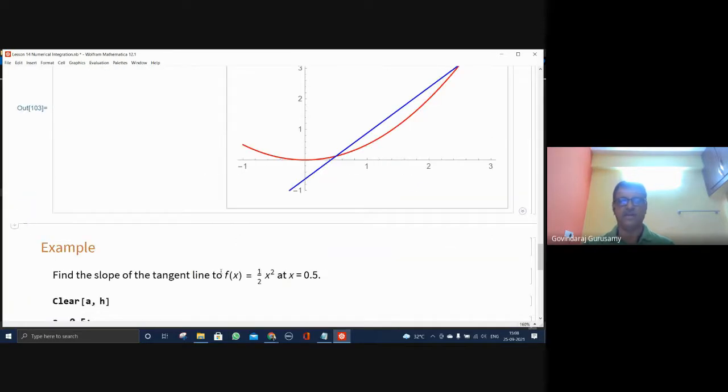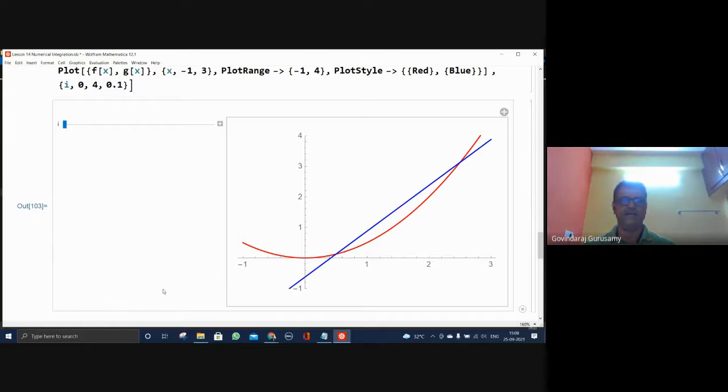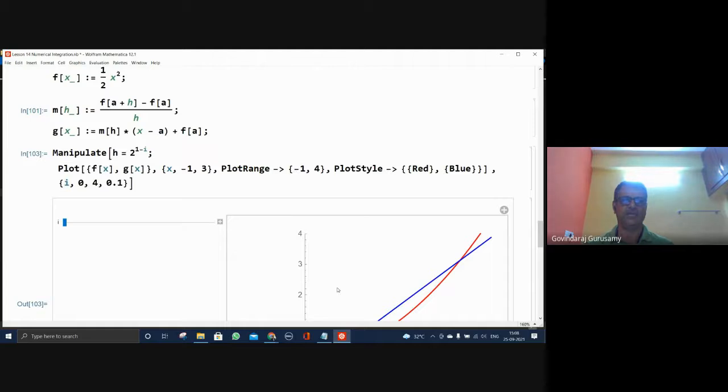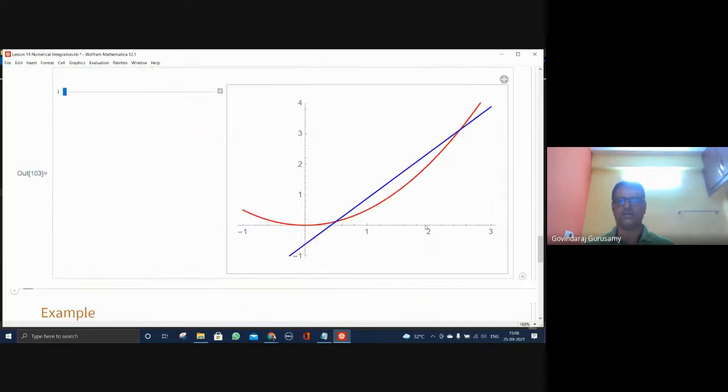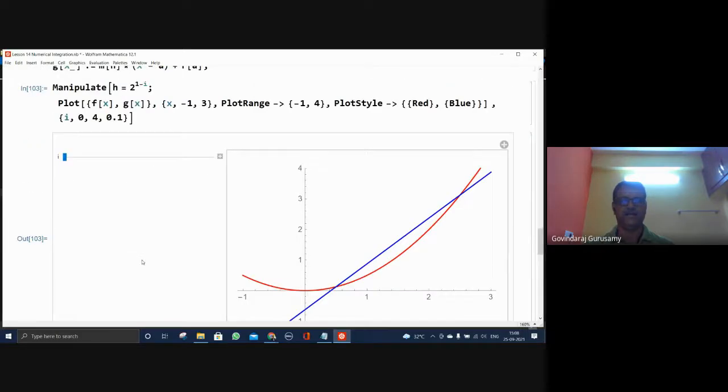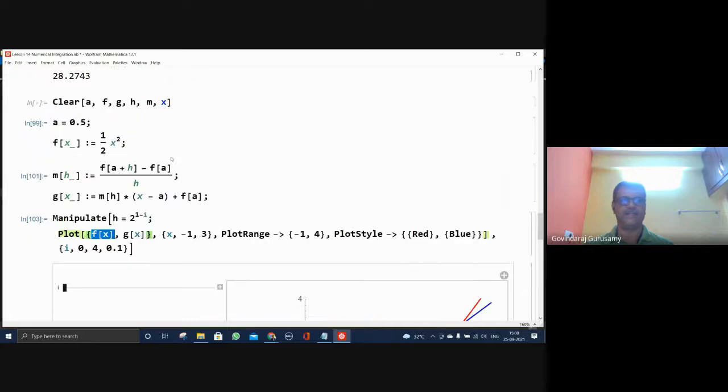So the blue line, you are trying to locate it for a given point. As h, the limit goes to 0, it should go and touch this point somewhere. Okay, you're able to see that there is a curve here. This red one is the f of x, which is half x square.